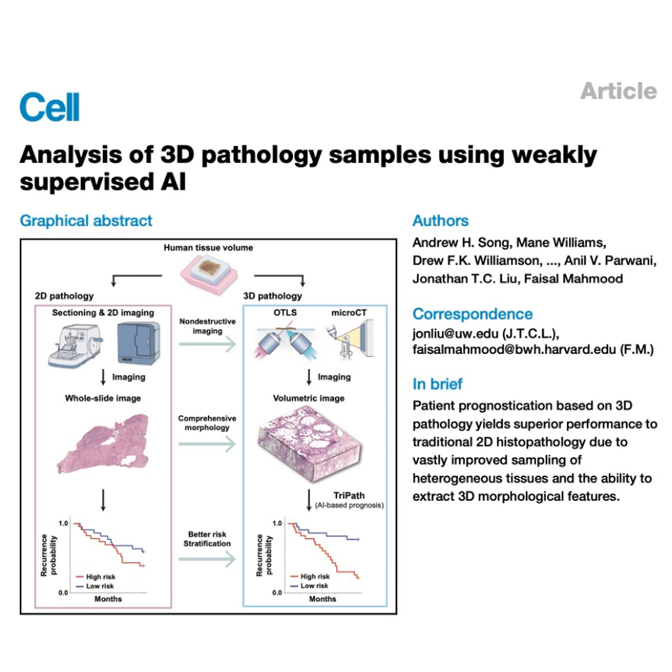Okay, let's try and sum this up. What we're seeing with TriPath is pretty groundbreaking. It's using AI, specifically this attention-based, weakly supervised learning, to tackle the massive data sets from 3D imaging. It overcomes the limitations of traditional 2D pathology, that critical sampling bias, by analyzing the entire tissue volume.